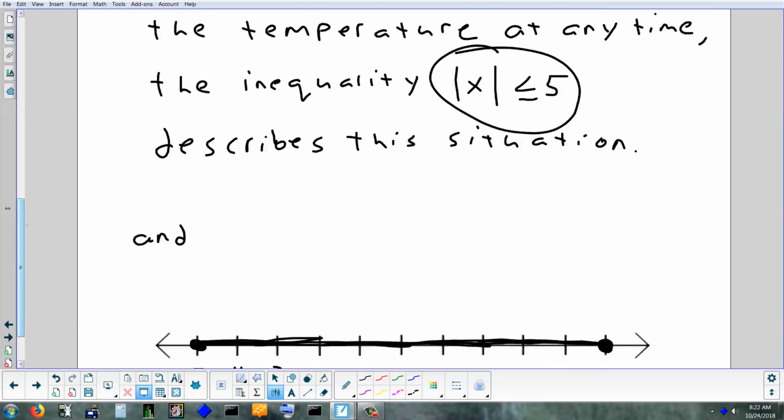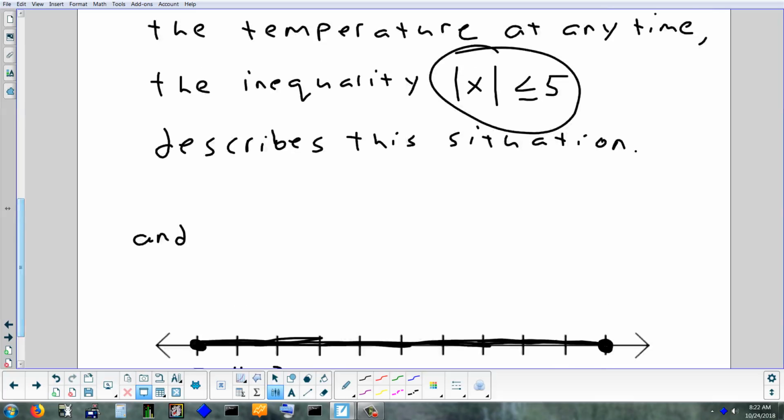What symbol did we have in the inequality that I circled? What symbol is in the inequality that I circled? Yeah. Less than or equal to.